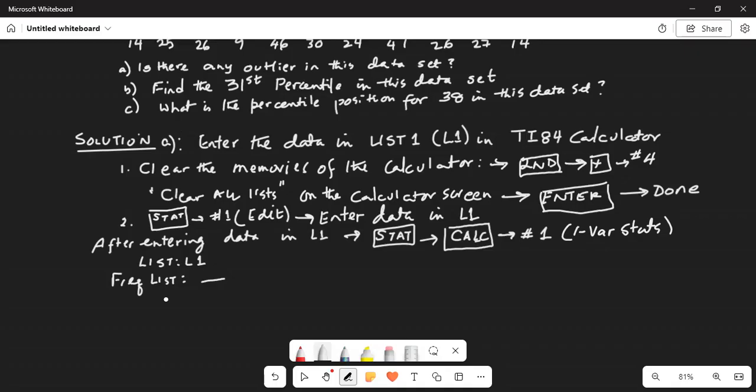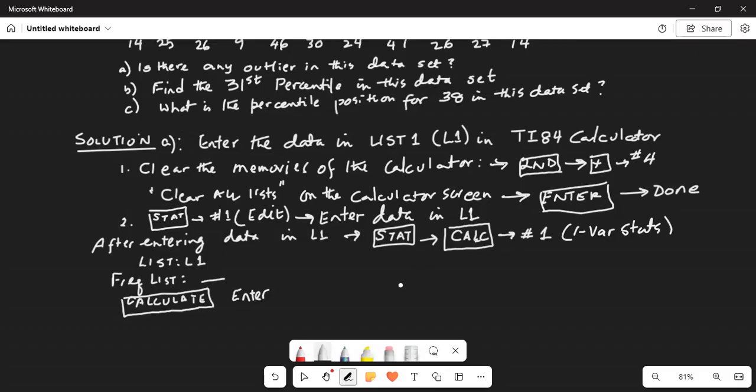If you have something after the frequency list, then only you hit the clear button. Otherwise, don't worry. Bring the cursor on calculate and hit enter. Okay, calculate and then enter. Cursor on calculate and then enter.